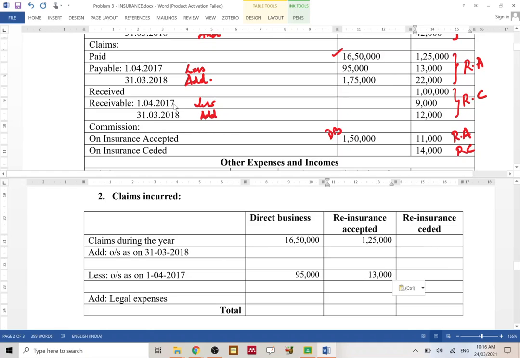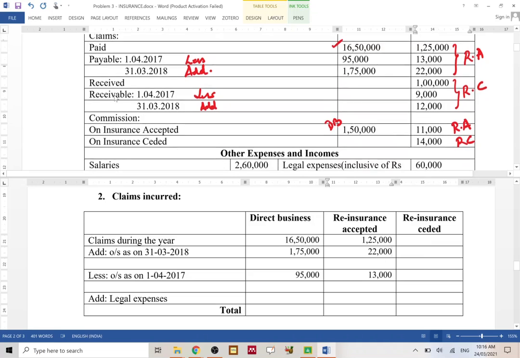Okay, then on 31st March 2018, that's the current year outstanding figure for direct business is 1,75,000, and for reinsurance business current outstanding is 22,000. Okay. Now, first let's also fill in these amounts.